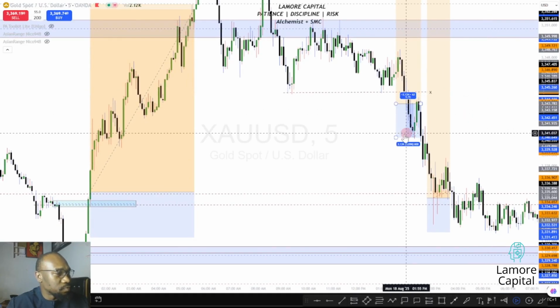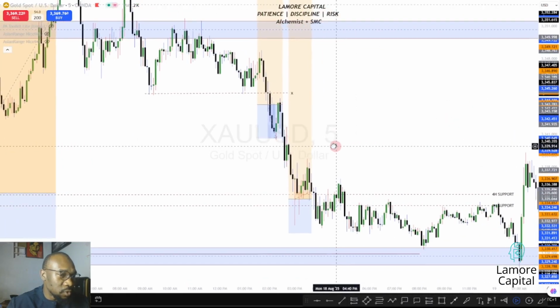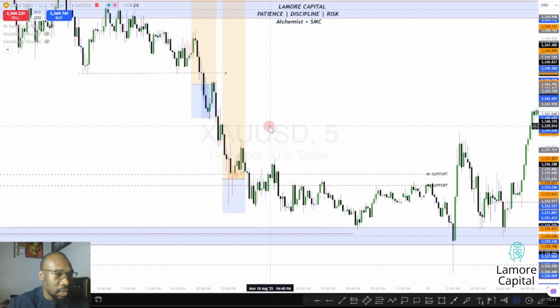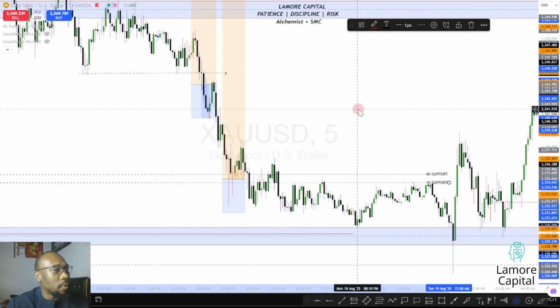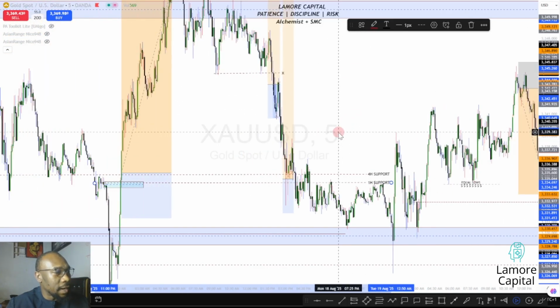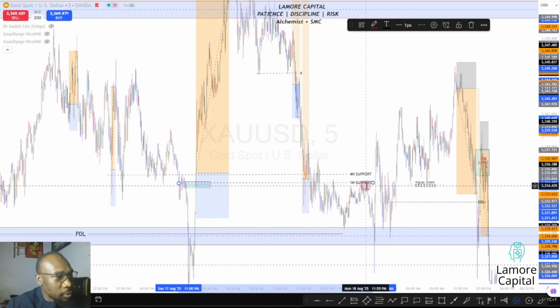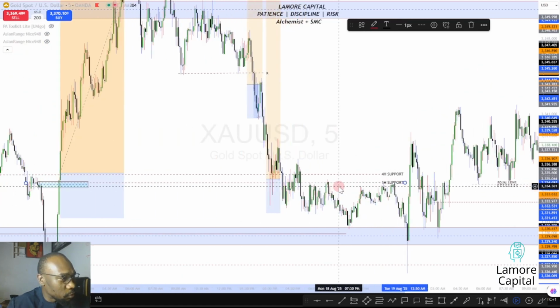Now, after that particular run, as you can see here, you see a 1 hour support and a 4 hour support. On the 4 hour I saw a support level. On the 1 hour I also saw a support level.